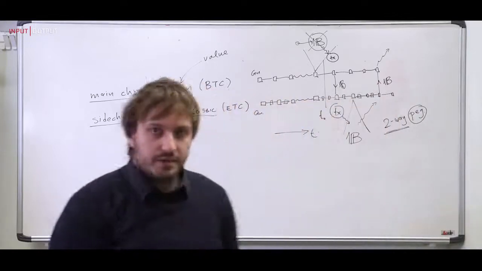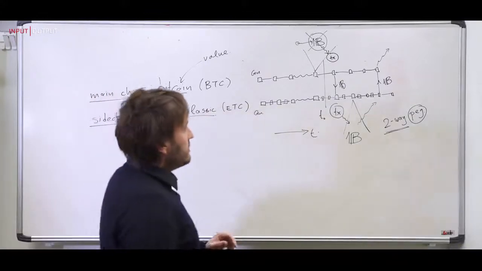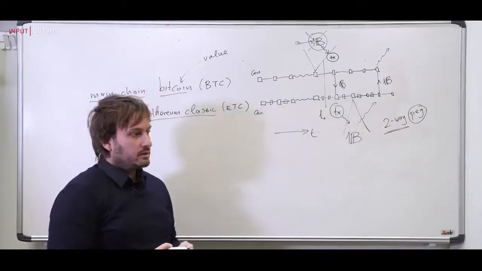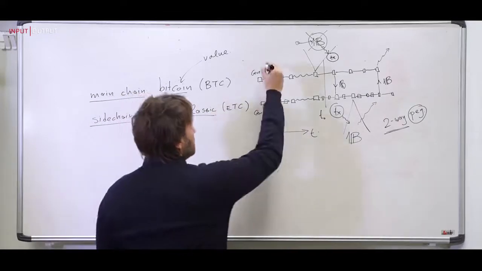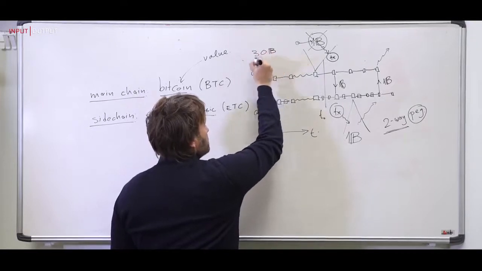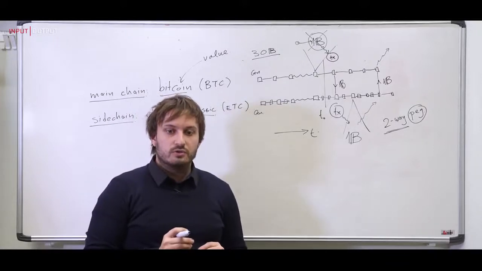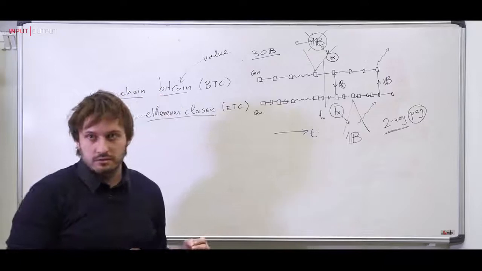So this is already very useful. Let's see some applications of this. So imagine that on the Bitcoin blockchain, I use it as my savings account. I keep some coins here. Let's say I have a wallet of 30 Bitcoin. These are my savings. And then I want to be able to work with the Ethereum features with just some of these coins.